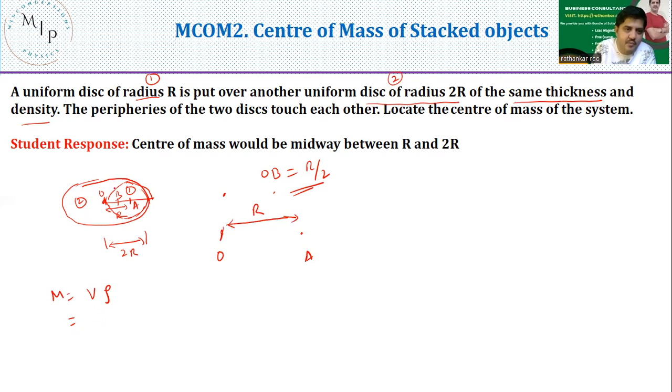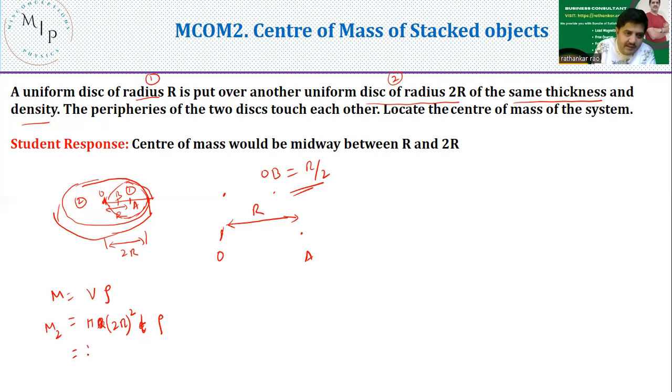Volume would be pi r squared, where r is the radius, so this should be 2r, the whole squared, multiplied by the thickness. Let us say the thickness is some t. So this is t, multiplied by the same density rho. Let me call this M2. I got this.